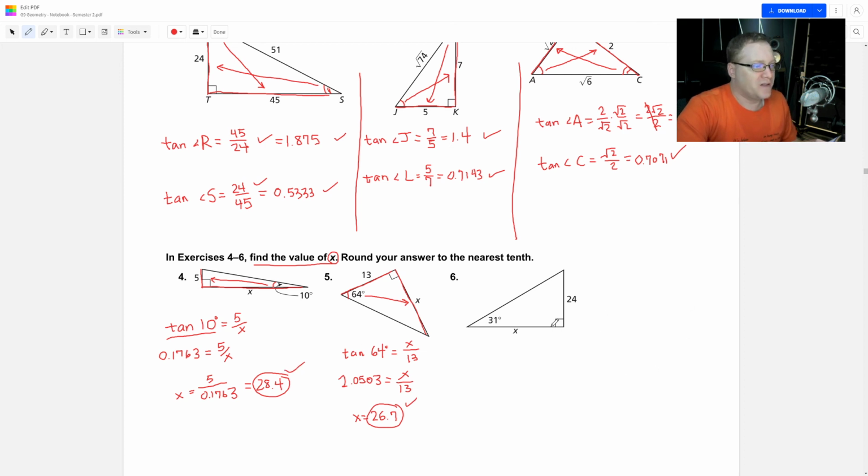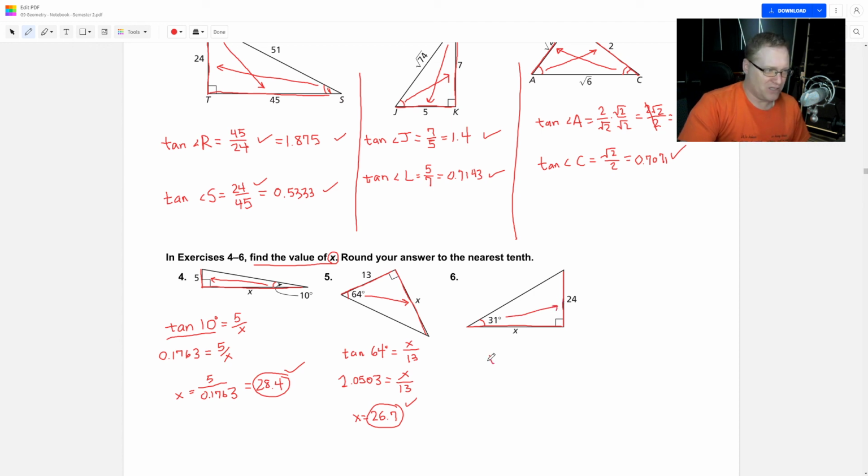All right, and then the last problem that we're going to do today for practice is this one, number 6. Again, we have an angle here, acute. We know this leg is 24, and we want to find this leg. Now, 24 is the opposite leg.